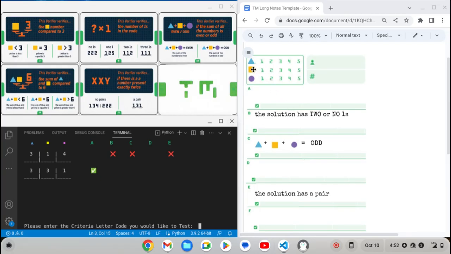I'm surprised. Okay, so we know square is exactly 3 since the Turing machine approves of my proposal. And so let's go ahead and type that up. So square is equal to 3.